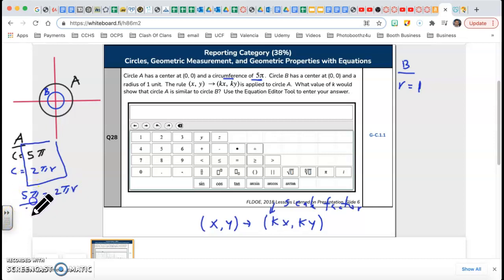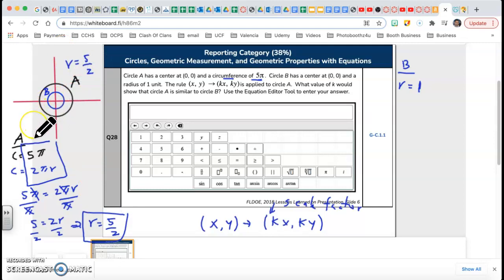If I divide by pi on both sides, the pi is cancelled out. Pi, gone. I have 5 equals 2r. Divided by 2, I have that my radius is 5 over 2, and this is for circle A. So the radius is 5 over 2, or 2.5, whatever you want to use.